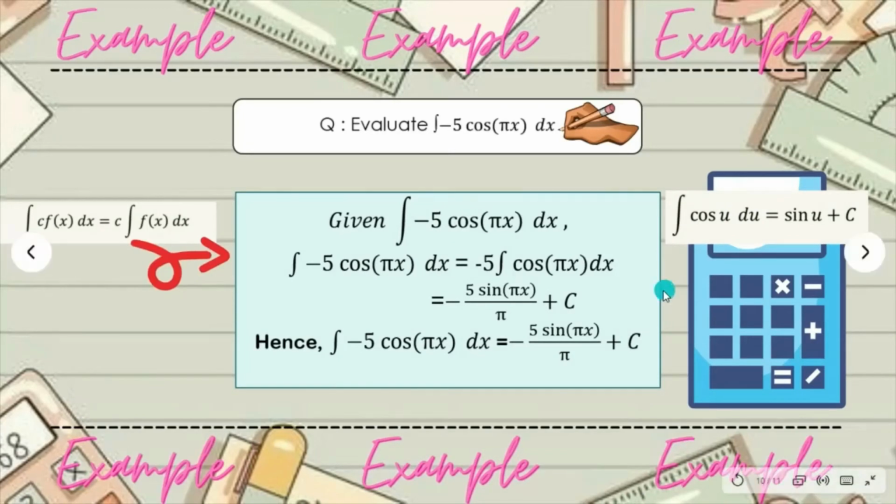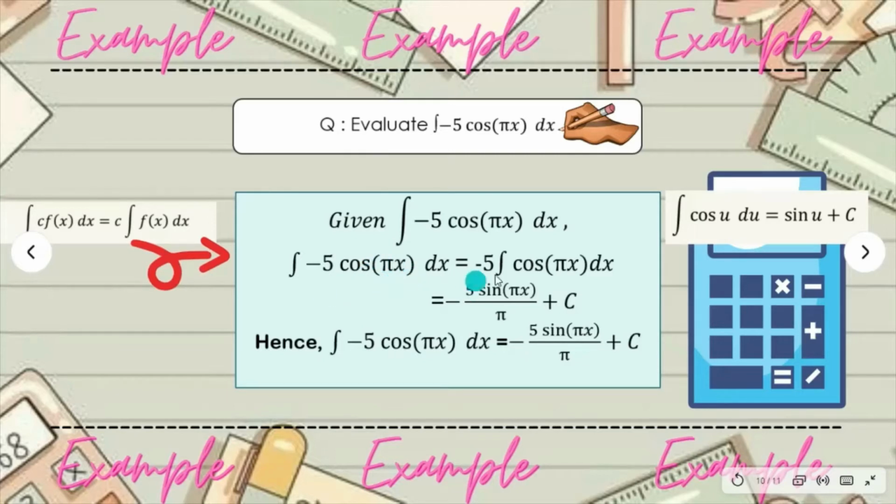Okay, the last example is evaluate the integral of negative 5 cos pi x with respect to x. We still use the first property, where we separate the constant in front of the function outside of the integral, and the integral of cos u with respect to u is equal to sin u plus C. So we apply both of these formulas into the question.